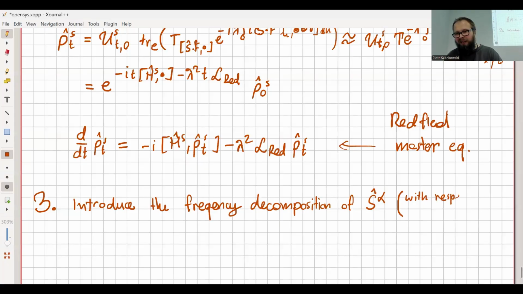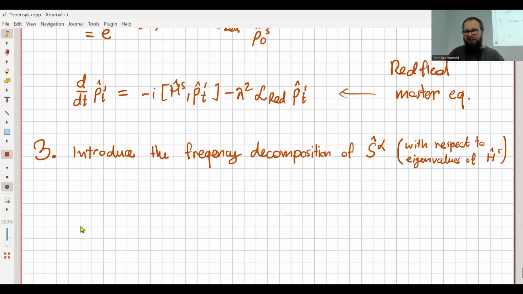It's a frequency decomposition, but you always have to say with respect to what: with respect to the eigenvalues of the shifted Hamiltonian H_S. Let me explain what this all means.